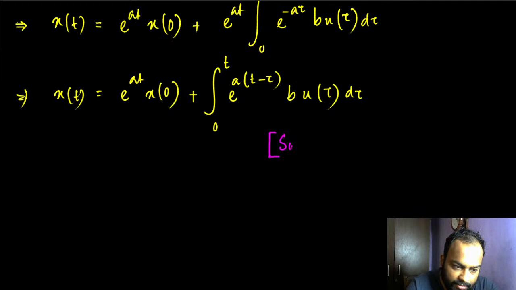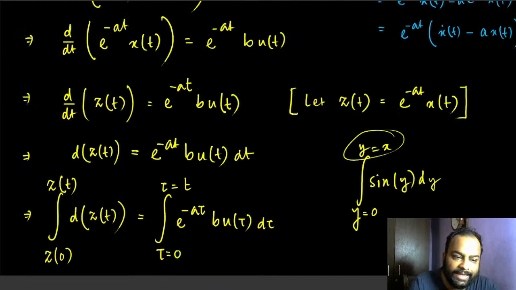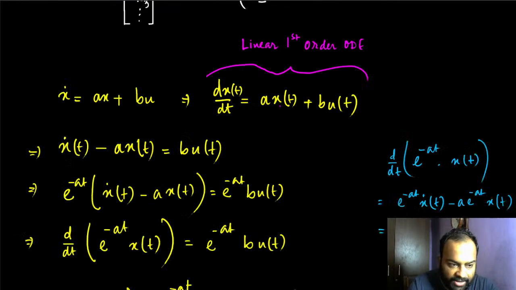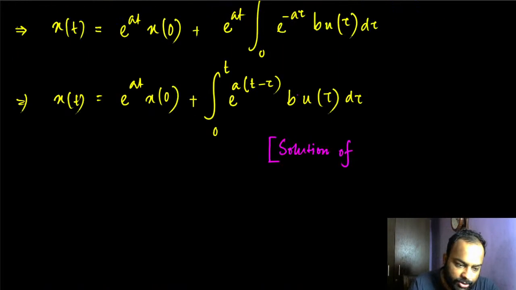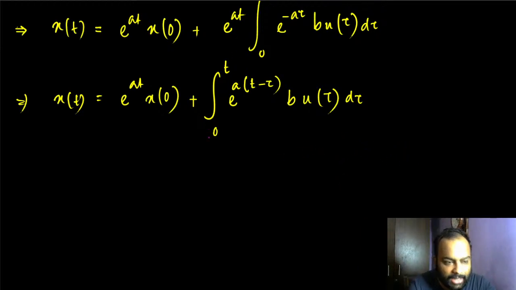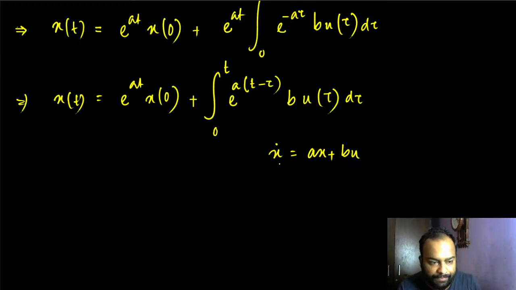Of course in the scalar form, right? We haven't yet gone to the vector form here, but we are going to just write that shortly. Let me just write it when we actually write down the vector form. So this is the solution for this differential equation. X dot is equal to ax plus bu when all of these are scalar quantities, right?